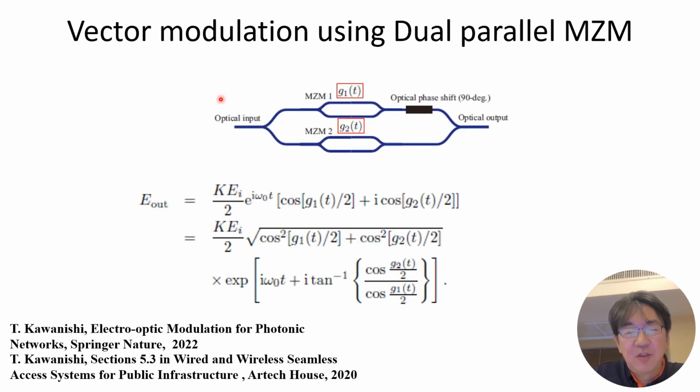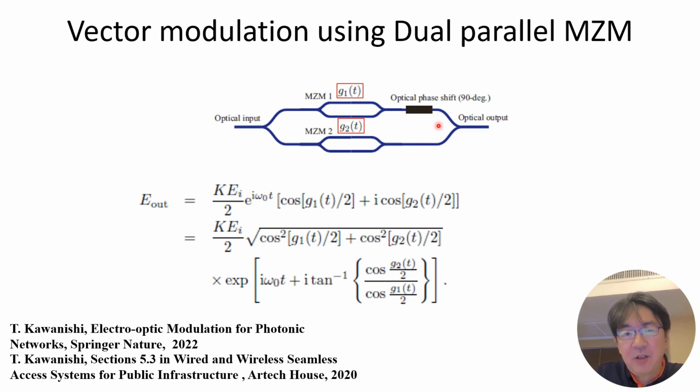Here, I'd like to show you the vector modulation using the dual parallel Mach-Zehnder modulator. It has two small Mach-Zehnder modulators embedded on a large Mach-Zehnder structure like this. As I mentioned, the vector modulation can be achieved by the amplitude modulation on the cosine component and the sine component.